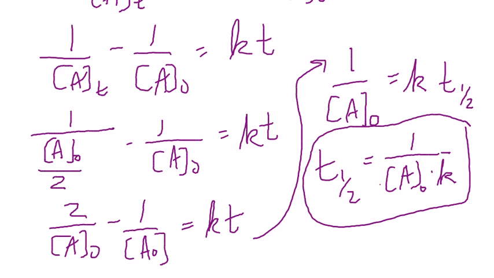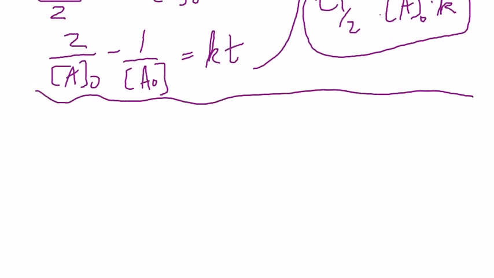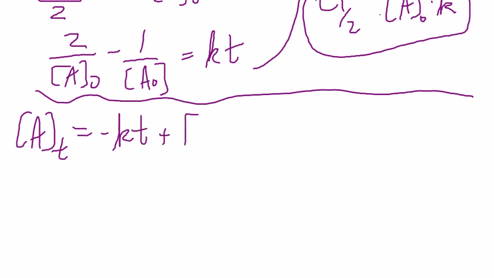Could we also do this for the zero order reaction? You bet. Let's try that one. The integrated rate law for a zero order reaction is A at time T is equal to minus KT plus A naught.